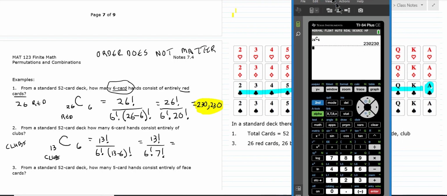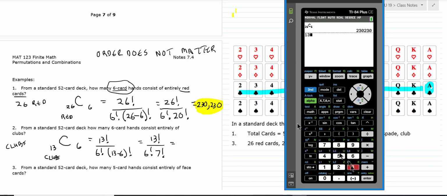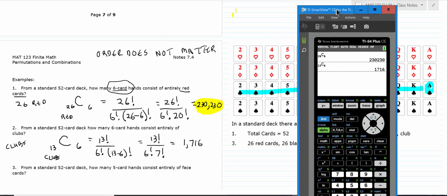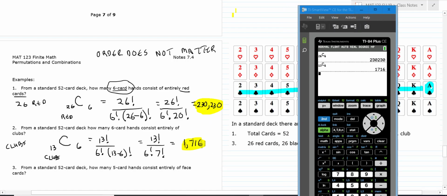So on a clear screen, we'll do 13, math, probability, option 3, combination 6 at a time. So there are 1,716 6-card poker hands that consist of all clubs. So if you play poker, that's a good hand.